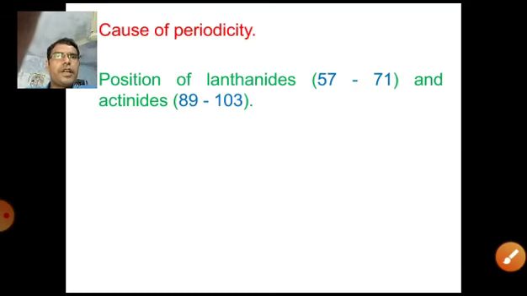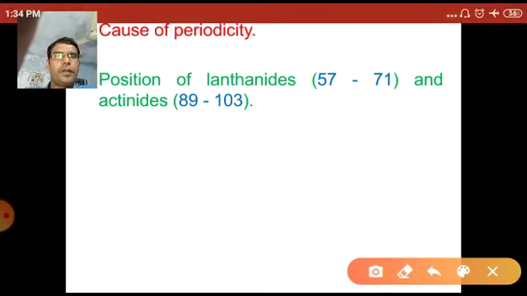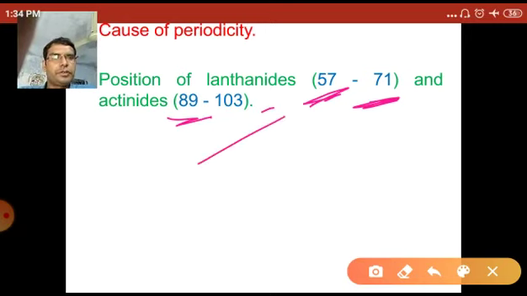Now, the position of lanthanides. Lanthanides are the elements having atomic numbers 57 to 71, and actinides have atomic numbers from 89 to 103. In the Mendeleev periodic table, lanthanides and actinides do not have any positions.